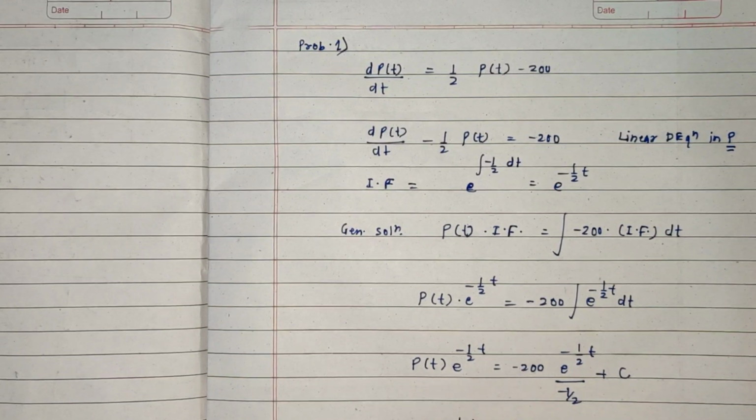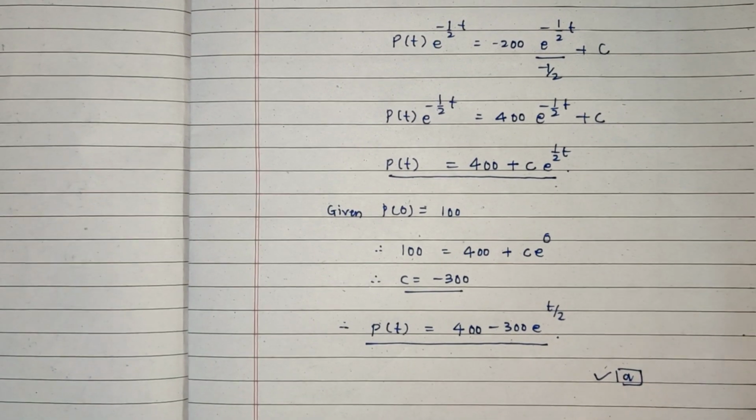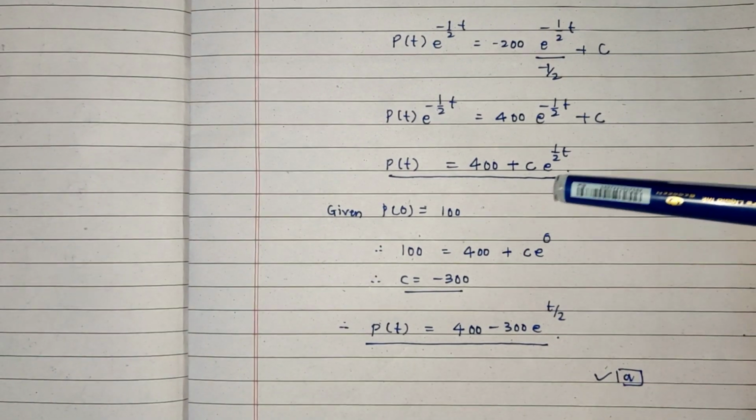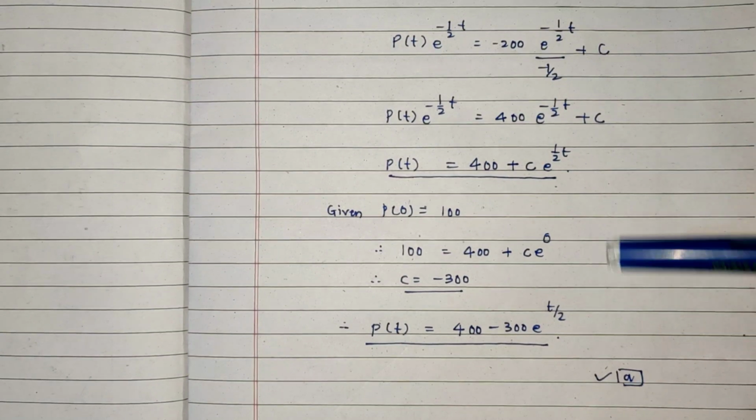and this e raised to power -1/2 t we multiply here, so P(t) is 400 plus c e raised to power 1/2 t.